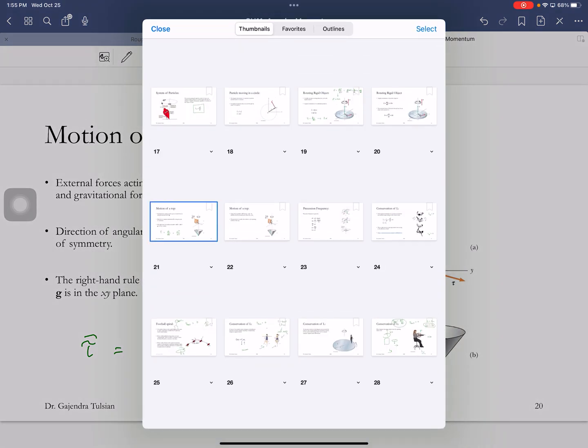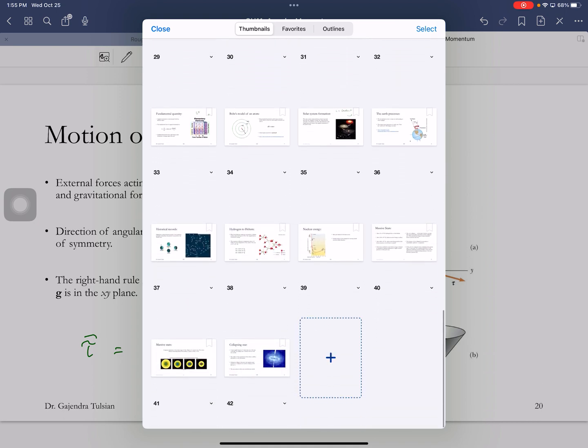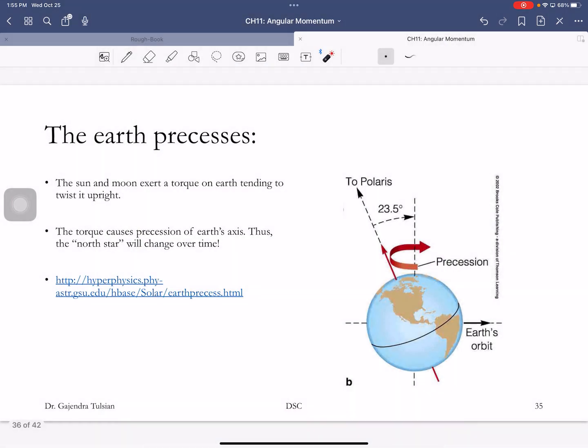Now, the Earth happens to be a spinning top. If the Earth was a perfect sphere, then there would be no torque acting on Earth, and it would keep spinning and pointing like that forever.